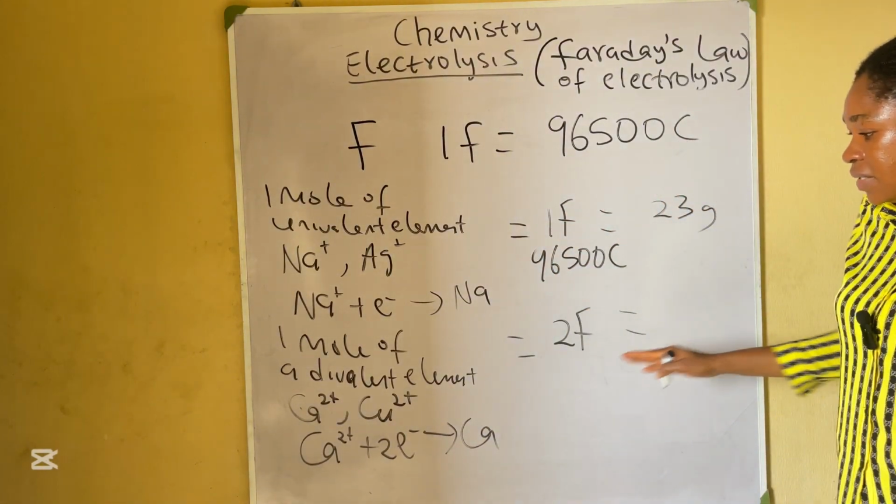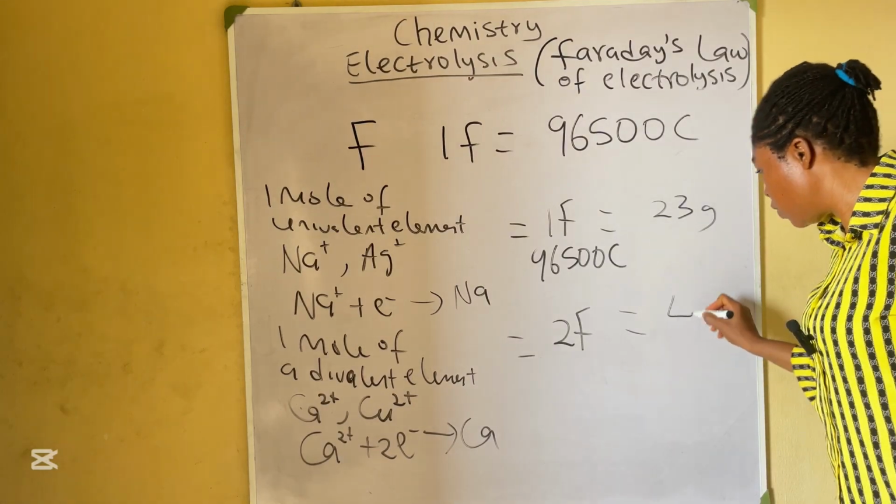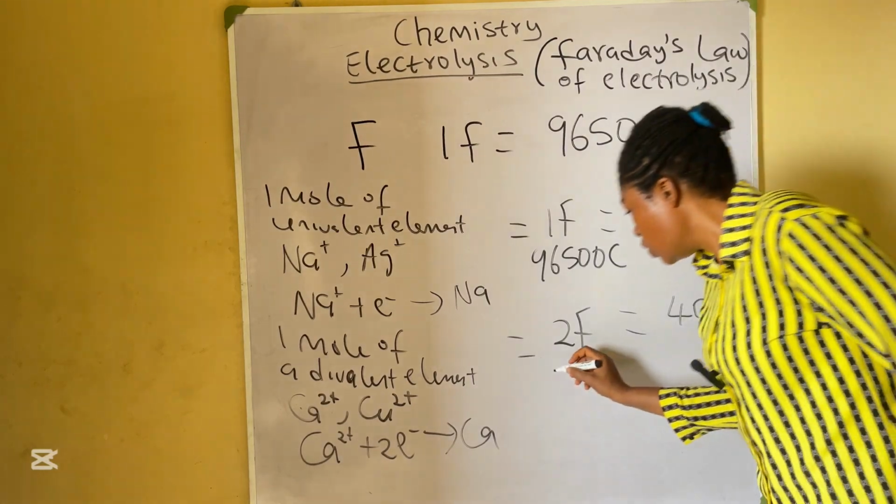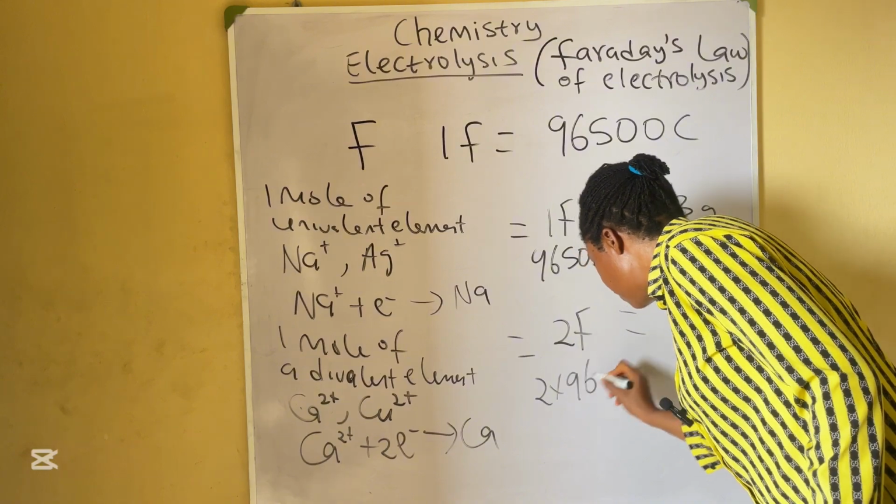What's the molar mass of calcium? It is 40. So 2 Faraday is 2 times 96500.